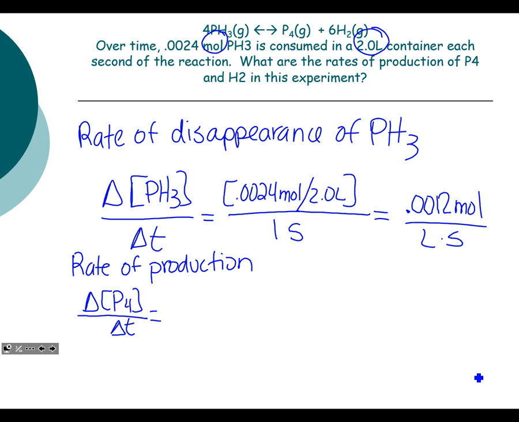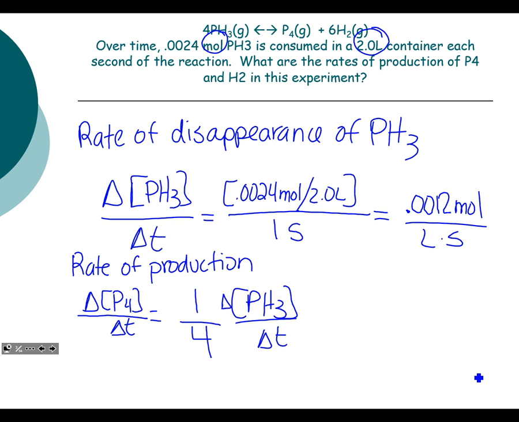So we produce P4 at 1/4 the rate that we consume our pH 3. Now, where do we get that 1/4 from?